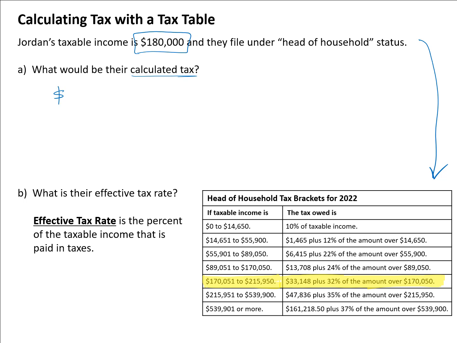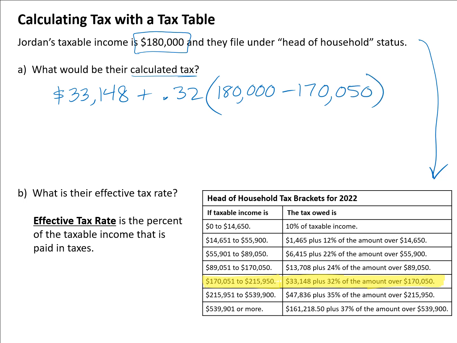I would use $33,148 plus 32% of the amount that Jordan's income is above $170,050. So I would subtract $180,000 and $170,050 to work out what the difference is between how much Jordan is over the last tax bracket.